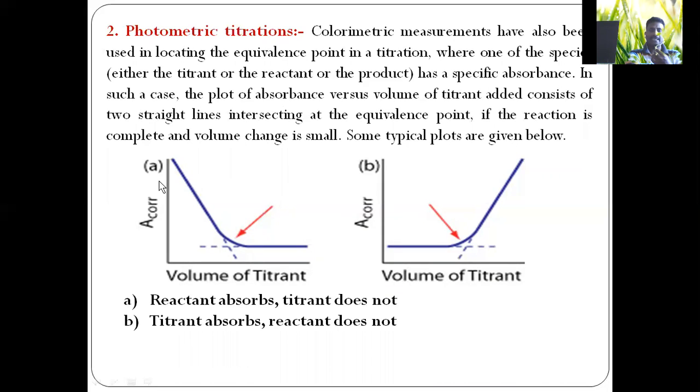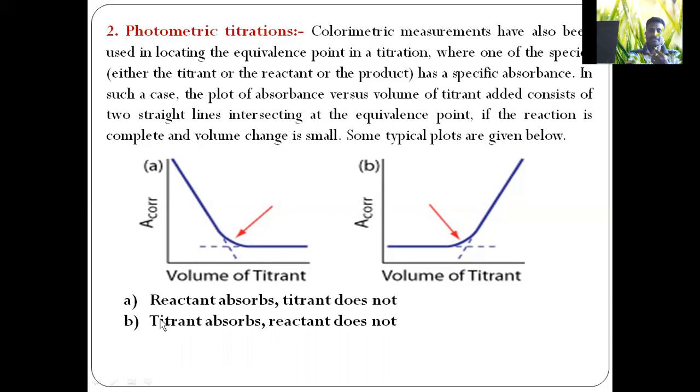So A and B: what kind of information does graph A give, and what kind of information does graph B give? Look at graph A: the reactant absorbs, whereas the titrant does not absorb. That is why the graph is like this. This is the equivalence point.